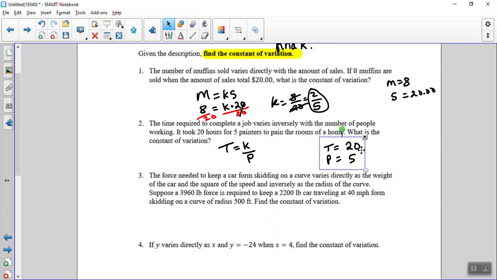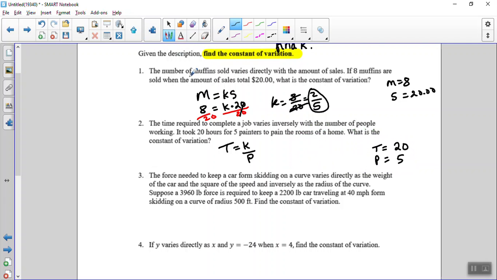So T is equal to 20 equals K over there are 5 people. So we're going to solve for K, and it's being divided, so I'm going to multiply both sides by 5. So 5 times 20 is 100 equals K, and that is my answer.